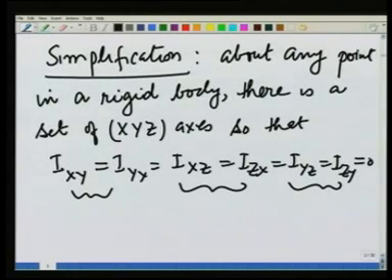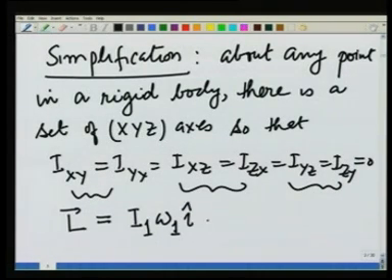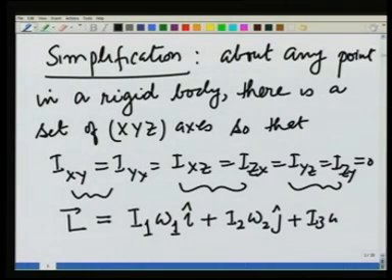So that the angular momentum is now quite simple, and let me change, instead of x I am going to call it 1: I_1 omega_1 i, where 1 denotes x direction, so omega_1 is the component of omega in x direction, plus I_2 omega_2 j plus I_3 omega_3 k.